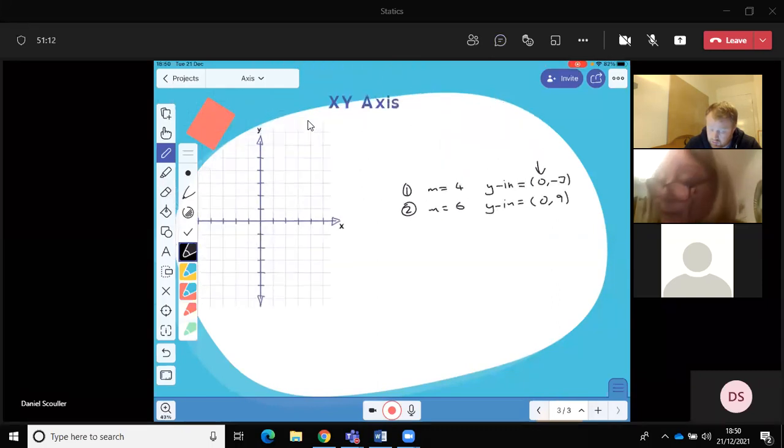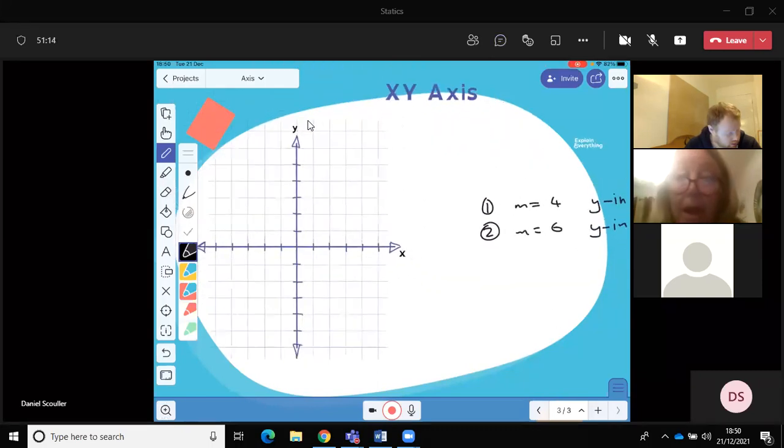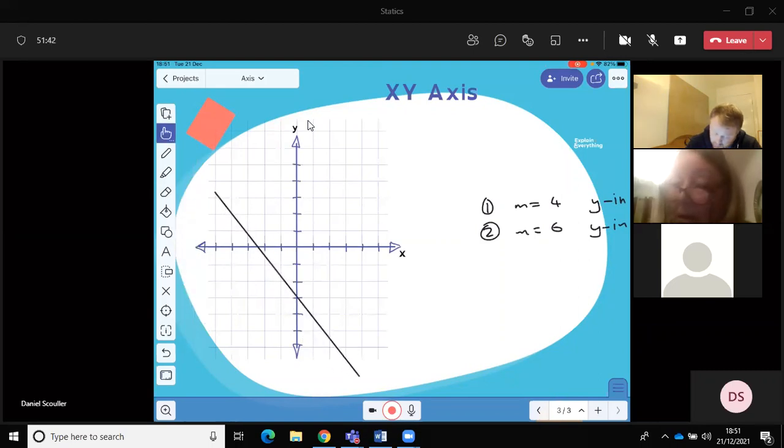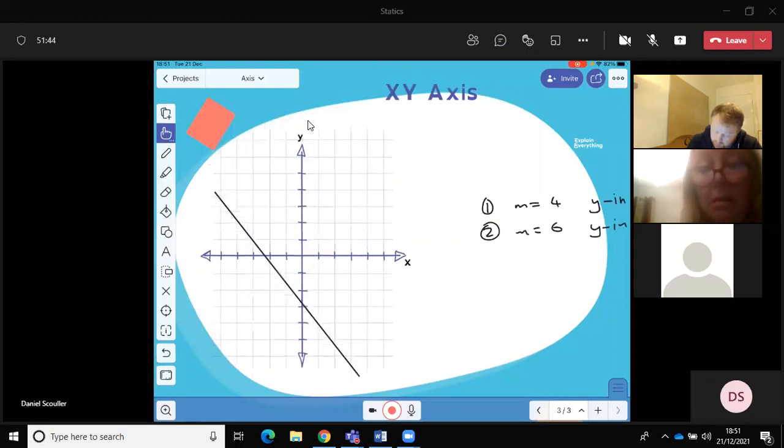So say we had 4x, a straight line, and it was going through -3.